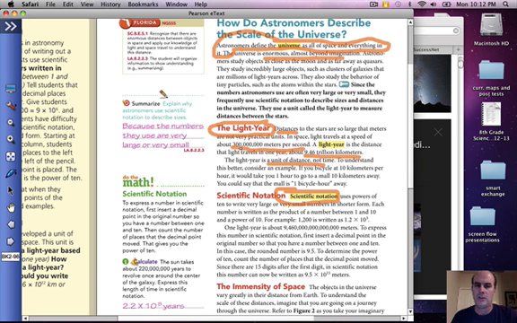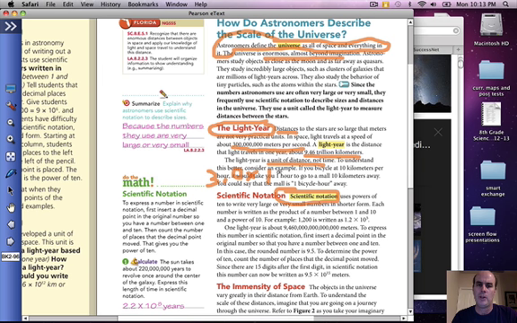So let's take a look at this 300 million meters per second. Can you write that in scientific notation? All right, the rules for scientific notation are as follows. You would start with a decimal between the 3 and 0 there, so it'd be 3.0, and then times 10.